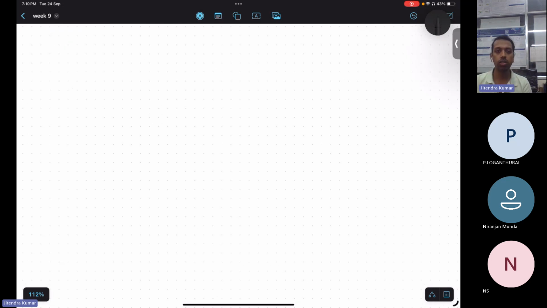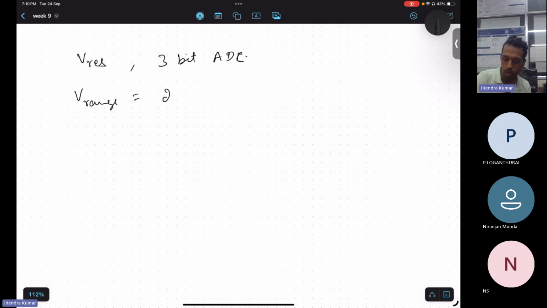Let us suppose we have the resolution voltage V resolution. We have a 3 bit ADC, which means N is equal to 3. The measurable voltage range will be 2 raised to power 3 minus 1. Why? Because if it is 3 bits, we can measure till 7, 111.